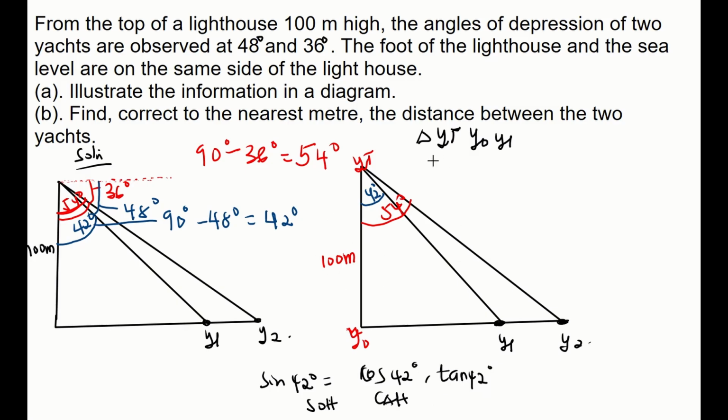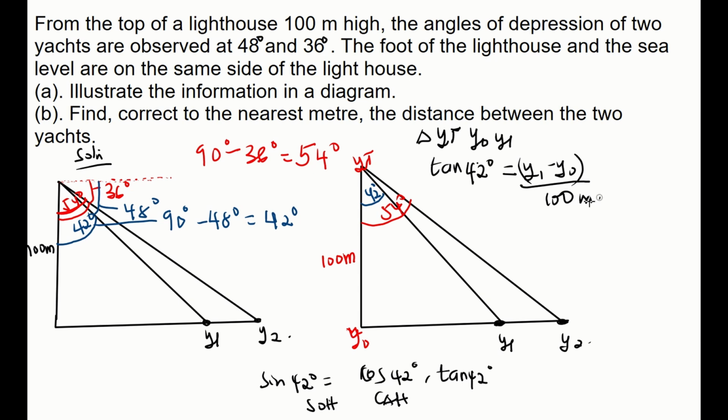So tan 42 degrees gives us the opposite, the change between y naught and y1, which is y1 minus y naught, the distance here, all over the adjacent, which is 100 meters.